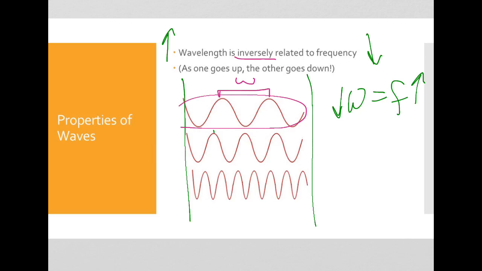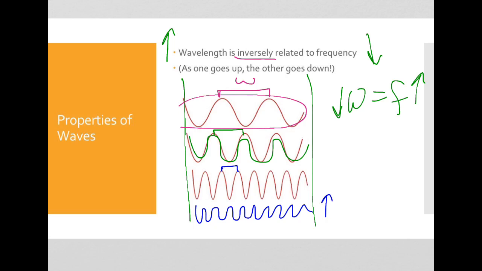Here my wavelength is now decreased a little bit, and I'm fitting more waves in a specific time. In my third example, I have an even shorter wavelength, and because the waves are closer together, the frequency is higher. Shorter wavelength equals higher frequency, longer wavelength equals lower frequency.